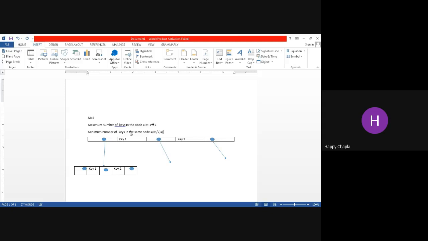Right, m divided by 2, that means 3 divided by 2. Answer is equals to 1.5 and take the ceiling value, that is 2. So maximum to minimum. This is the case in m equals to 3.